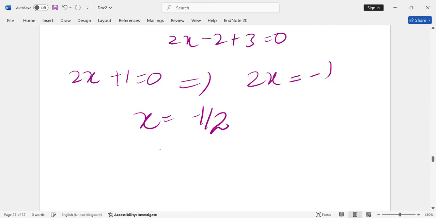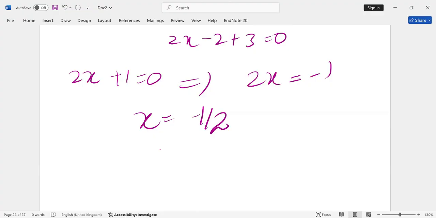So from the graph, f of x is above the x-axis between the x-intercept and the vertical asymptote. Okay. So we have to determine the inequality range. The function is greater than 0 when x is greater than or equal to the x-intercept. So we can write it like that.